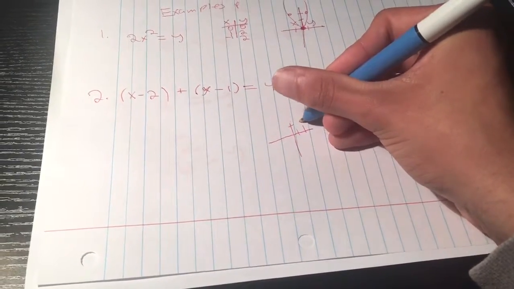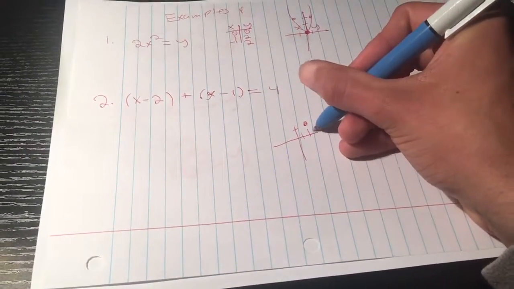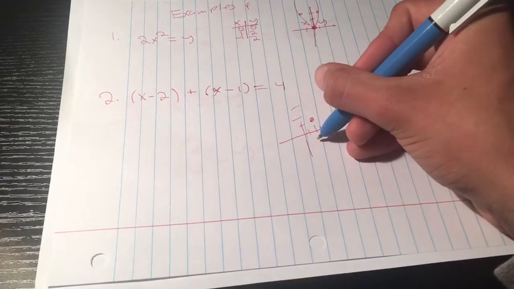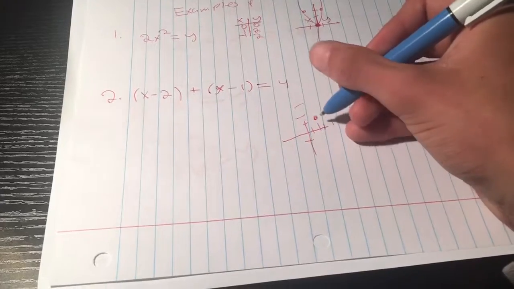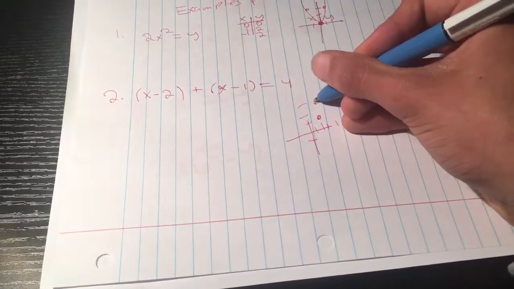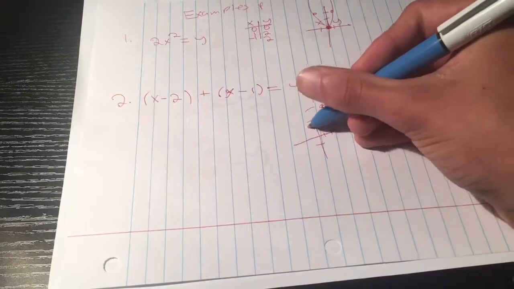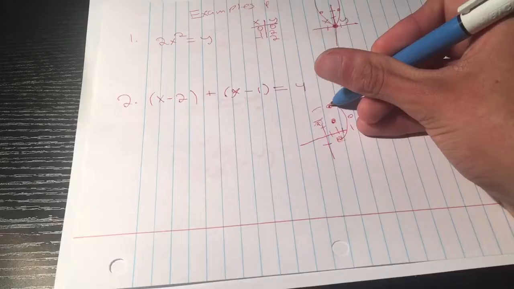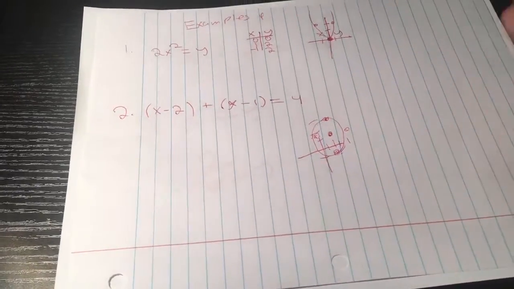So the center would be right there. Then you do 1, 2, 1, 2. Then you just do the radius all around, and that's how you get your circle. That's a really bad circle. But what are you going to do?